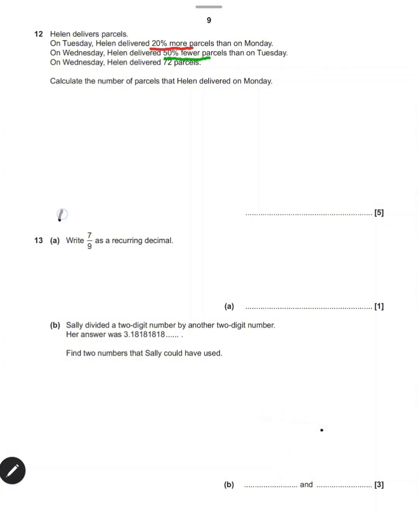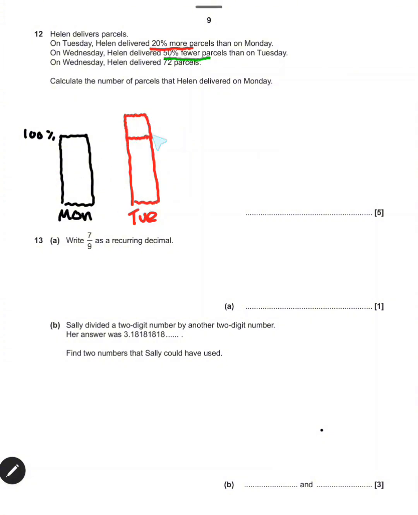If we think about Monday as delivering 100% of her parcels. On Tuesday, she delivered 20% more parcels. So I'll do Tuesday here. So not only did she deliver the 100% of Monday, she delivered 20% more. So this would be 120%.